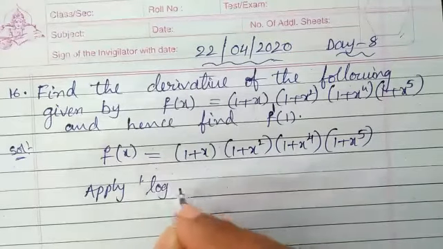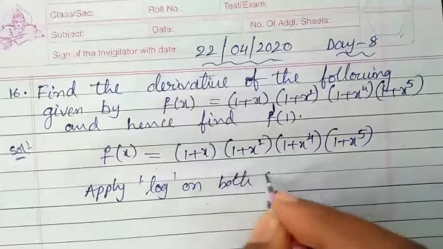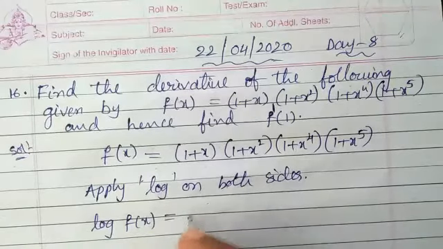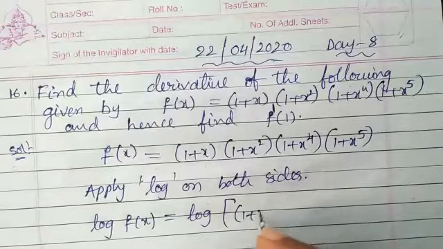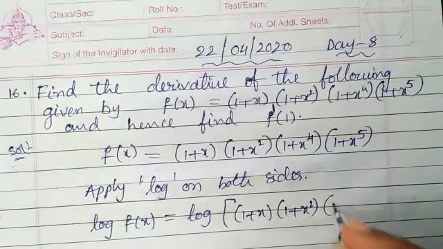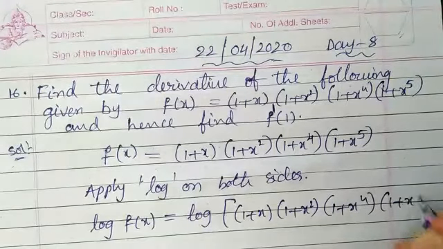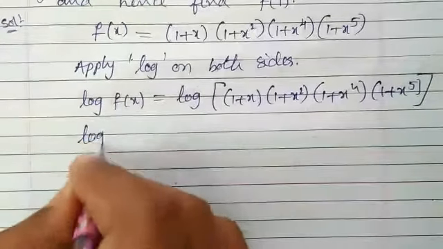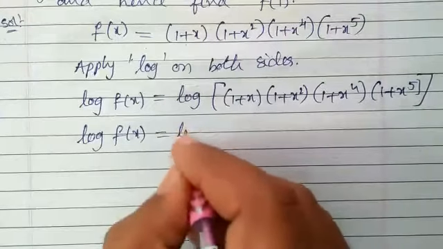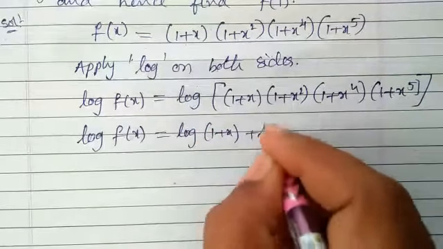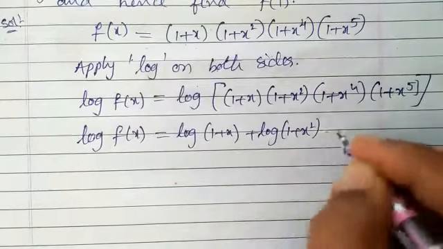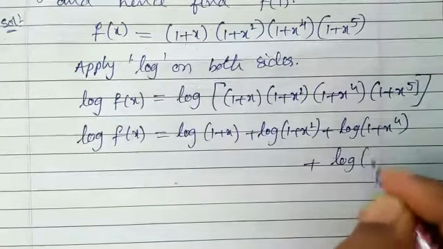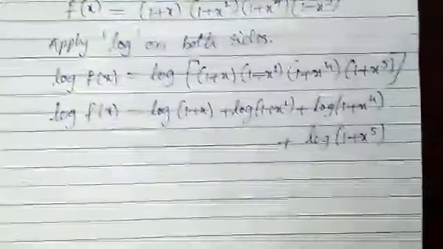Apply log on both sides. log f(x) = log[(1 + x)(1 + x^2)(1 + x^4)(1 + x^5)]. So log f(x) = log(1 + x) + log(1 + x^2) + log(1 + x^4) + log(1 + x^5).